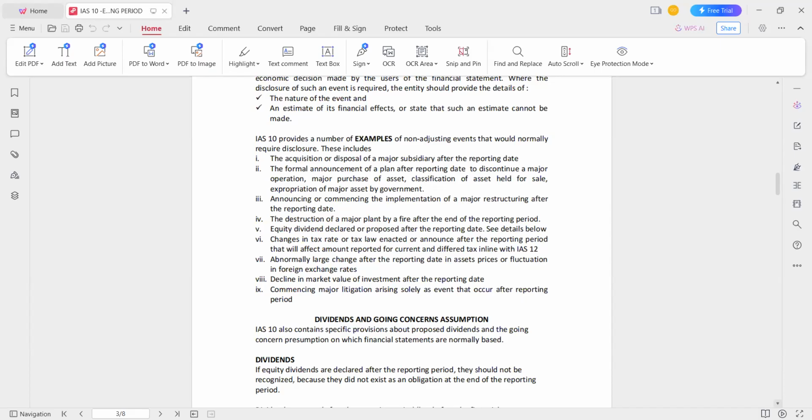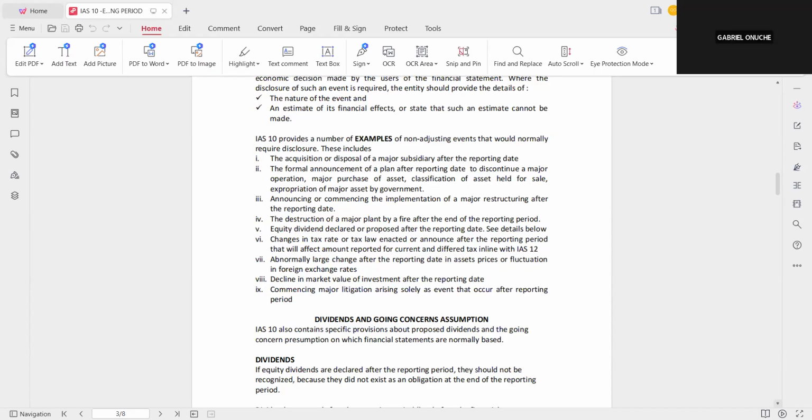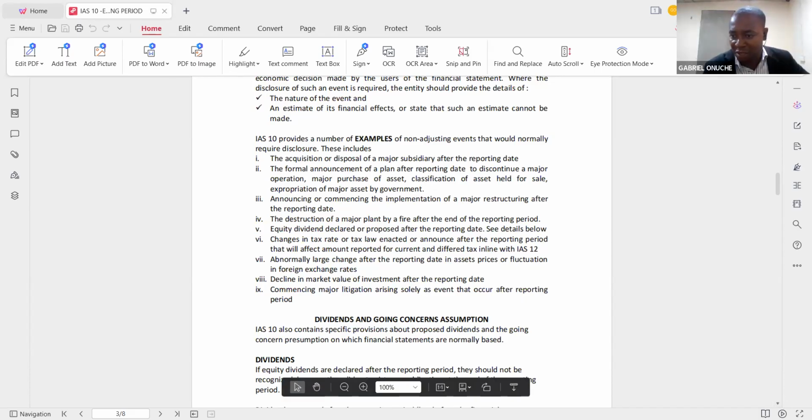Meaning, if the government takes over some of the major assets or part of the company's assets, maybe for public use, then that needs disclosure. Then another example is announcing or commencing the implementation of a major restructuring after the reporting period. If a company is restructuring after the reporting period, this needs disclosure, not adjustment in the financial statements.